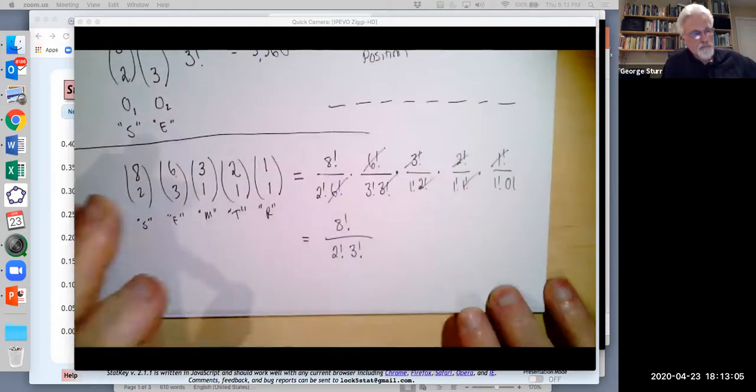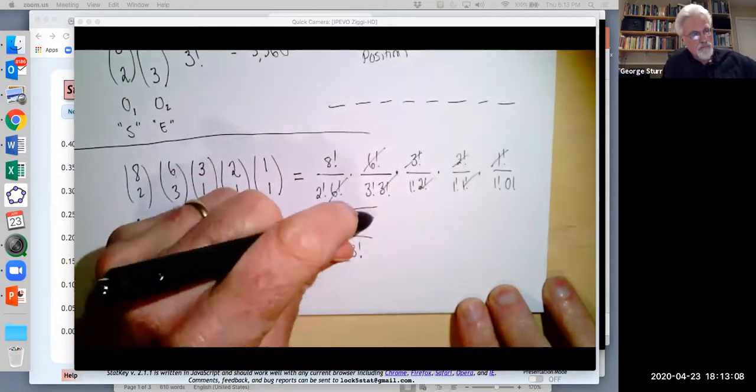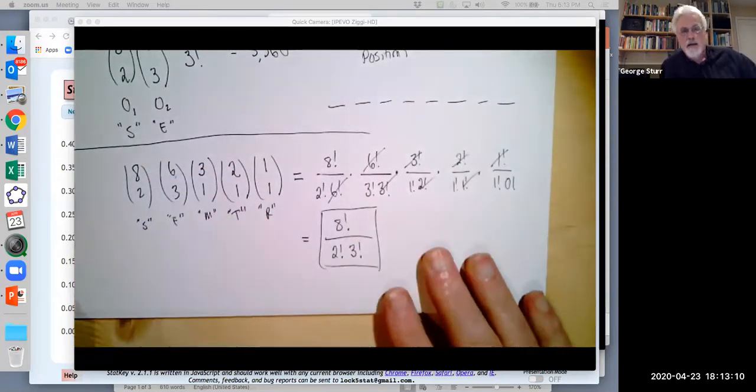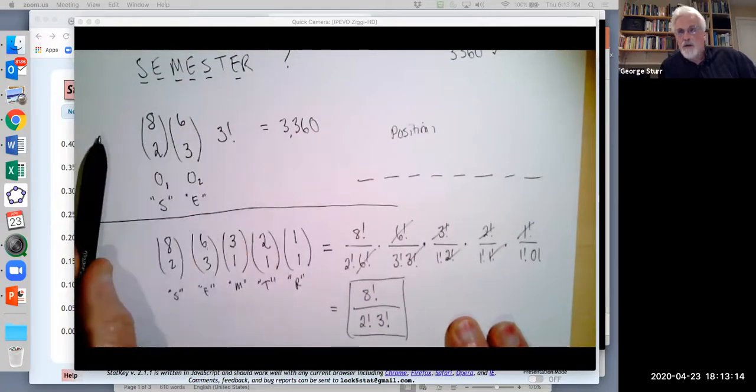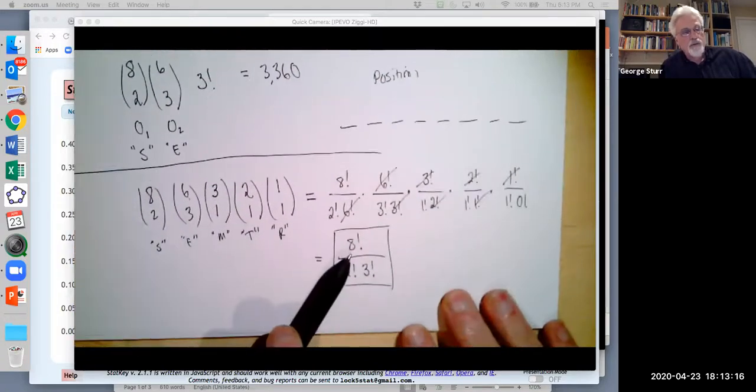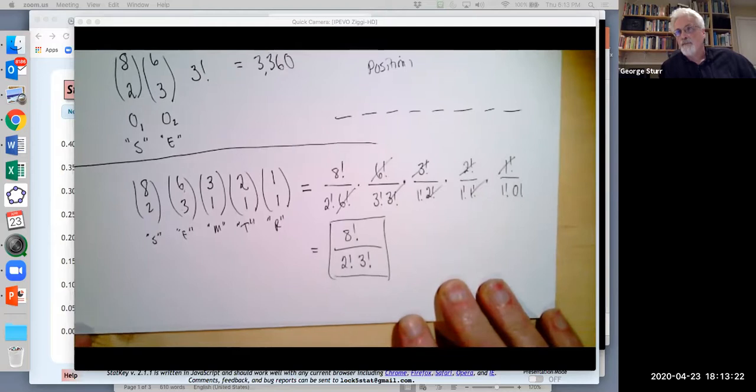Now, I claim that I didn't need to work this way. I could have understood the problem using this and gone straight to this. Let me show you why.